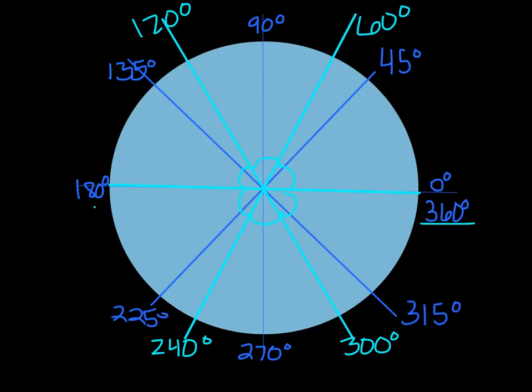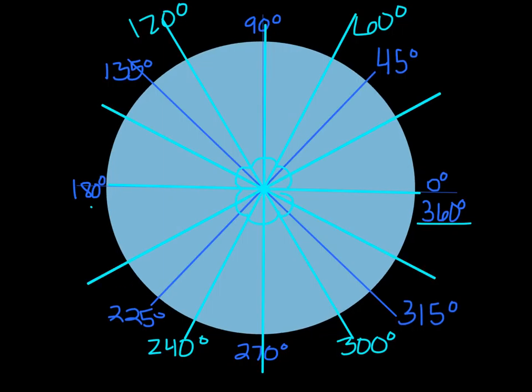Now let's do sixths. So now if you just look at the teal lines, I've divided the top into 6 and the bottom into 6. So that's 30 degrees, plus 30 more is 60, plus 30 more is 90, plus 30 more is 120, plus 30 more is going to be 150 degrees. 30 more is 180, 30 more is going to be 210 degrees. 30 more is 240, and then 270, and then 300, and then this will be 330 degrees.